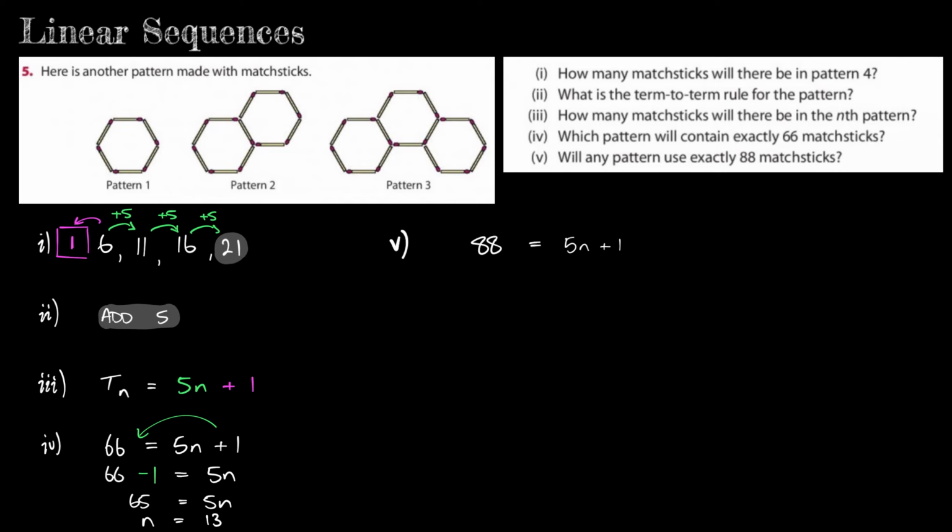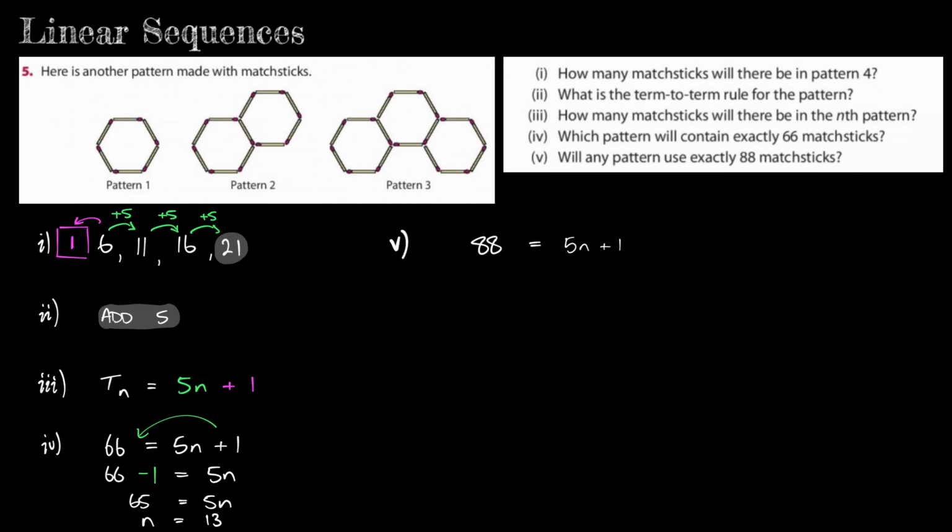I'm going to solve that to find out what pattern. The outcome, they want to know, is there any pattern that will contain 88 matches? So what I'm going to do is put in 88 as my outcome and see what value it gives me. So it'll tell me what term it is. If I get a whole number, then that will be the number for the pattern. Whereas if I get a decimal, say for instance 15.4, that means the 15th and a bit pattern. But there's no such thing as a bit of a pattern, right? So we're just going to work that out.